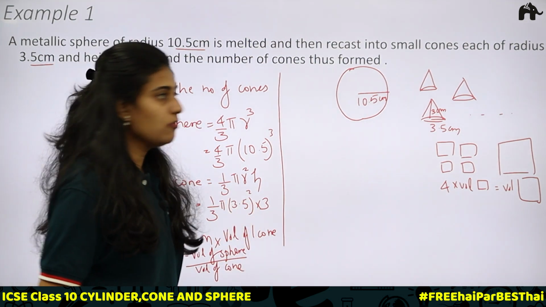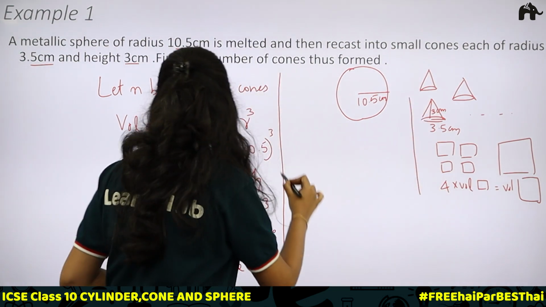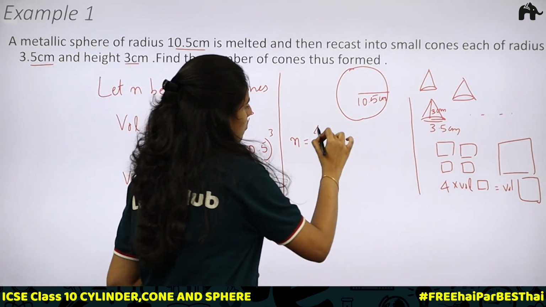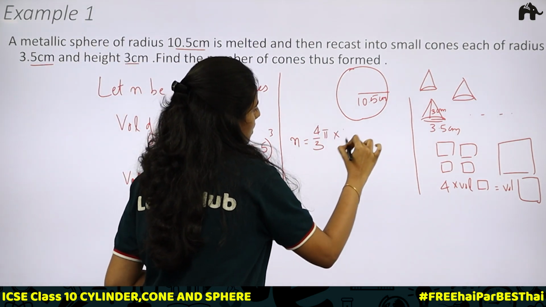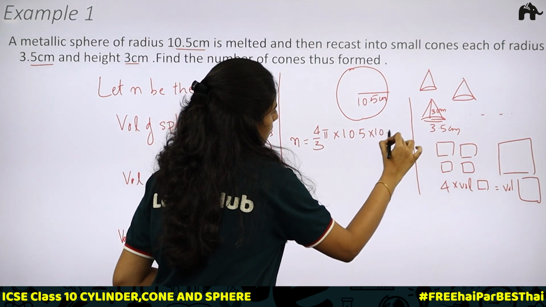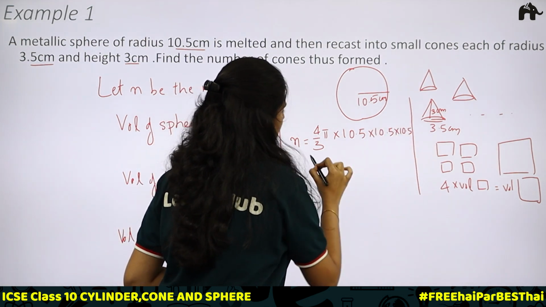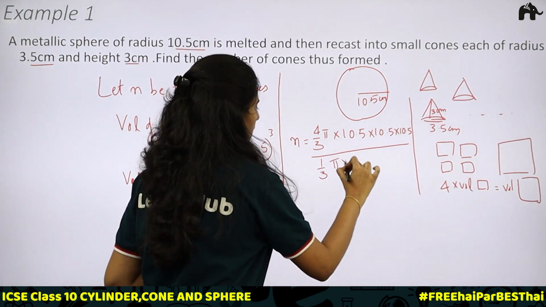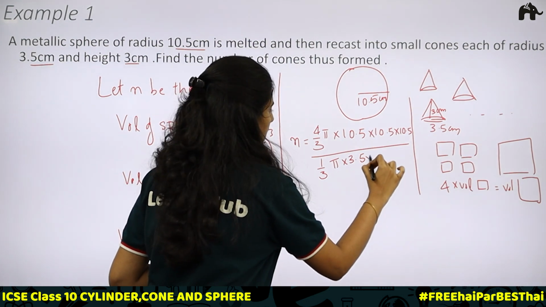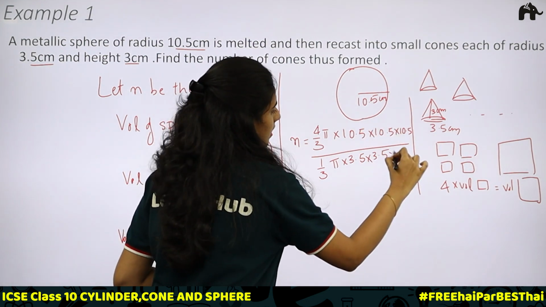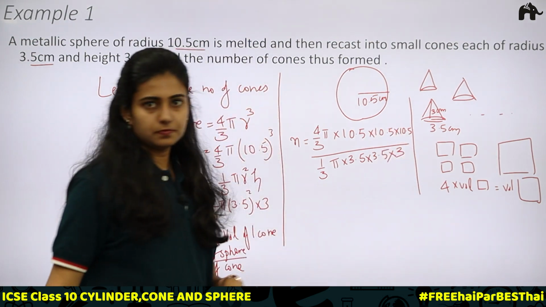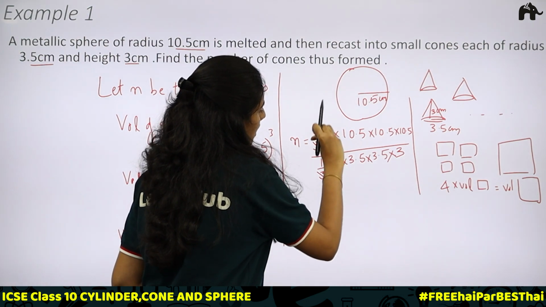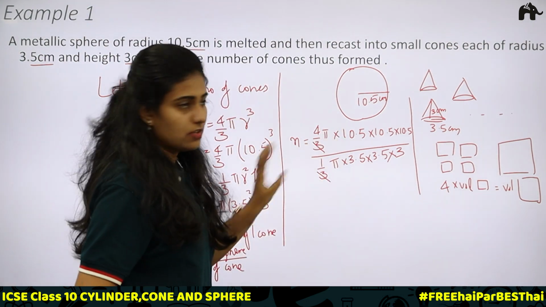Therefore n will be equal to volume of sphere, which is 4 by 3 pi into 10.5 into 10.5 into 10.5, divided by volume of cone, which is 1 by 3 pi into 3.5 into 3.5 into 3.